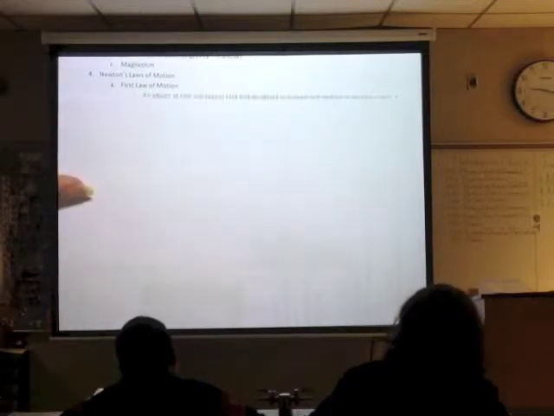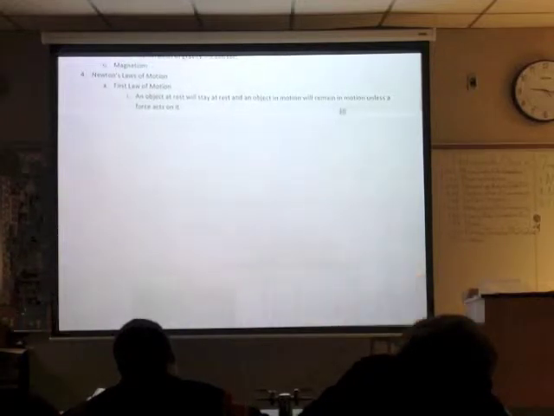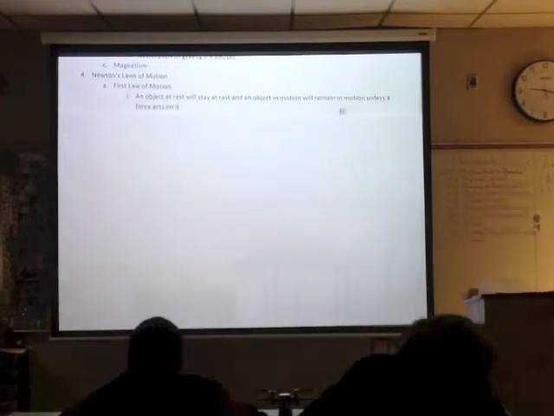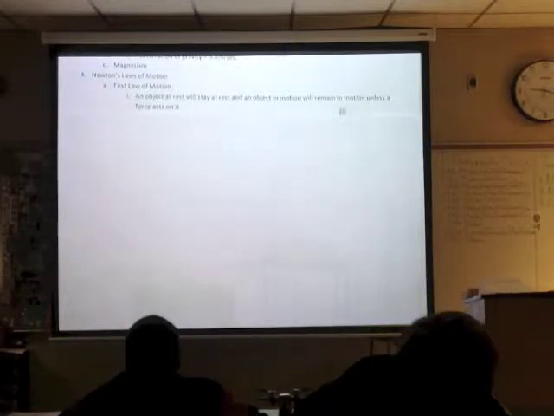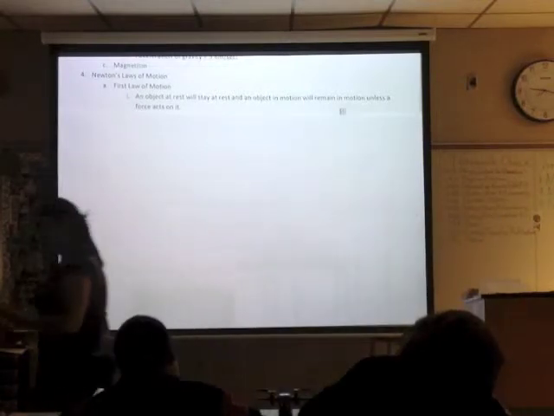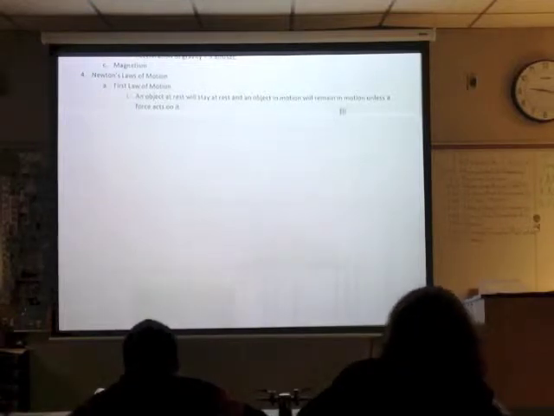The first law of motion says that an object at rest will stay at rest, and an object in motion will remain in motion unless a force acts on it. Another way to say this, it's the law of inertia. That's important. The reason is that inertia is the property of matter that makes an object not want to change its motion.